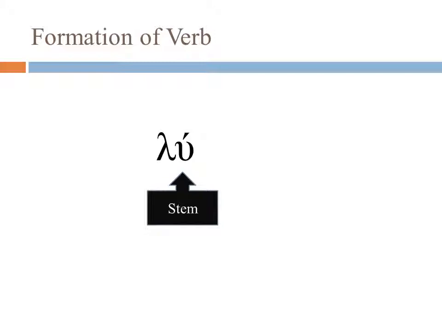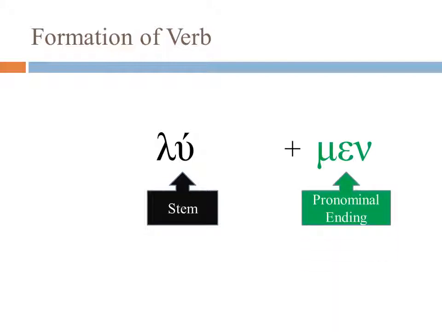In this case, we're going to be using lu. As I said, lu is one of those verbs that does not change in Greek. So it's a perfect verb to be used throughout all the different tenses. We'll always have a pronominal ending. In this case, men tells us that it is first person plural.